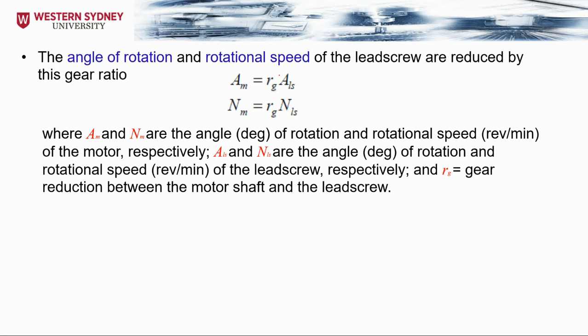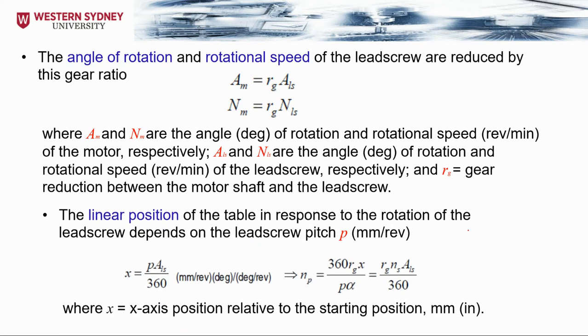So the angle of the motor is equal to, for example, 4 times, the Rg value, multiplied by the angle of the lead screw. Same thing for the RPM: the RPM of the motor is the ratio multiplied by the RPM of the lead screw.